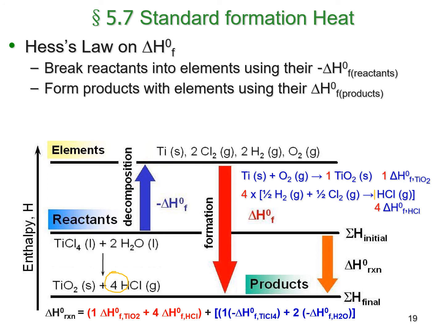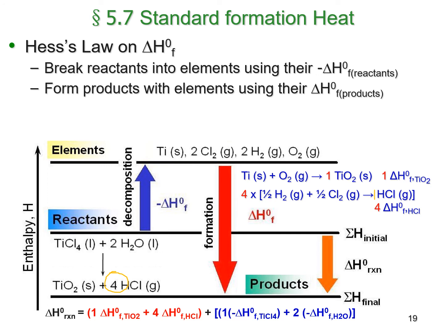The one in blue represent the reactants. This is how it works according to Hess's law. Because Hess's law says the delta H of an overall process is a sum of delta H of each individual step.